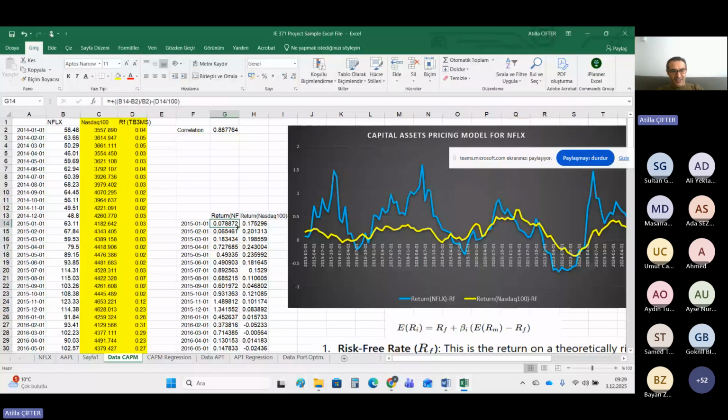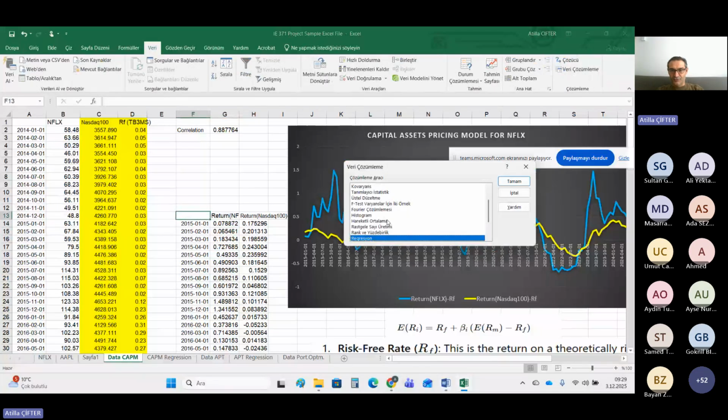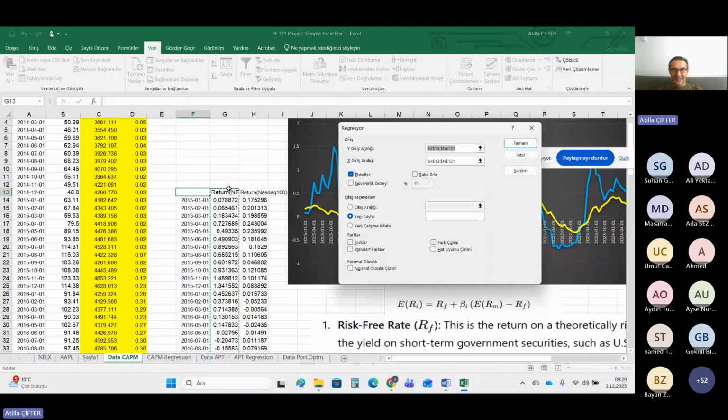If you don't change any part in Excel, it will calculate your returns. Then you go to data analysis, and then you find regression, in English regression, in Turkish regresyon. Then you select Y as your excess stock return, which is return of Netflix in my case. In your case, it's your own stock.